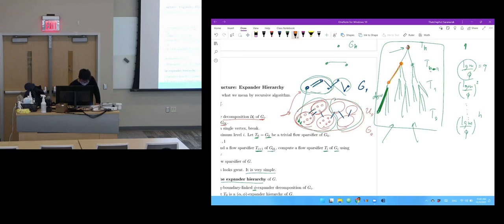This edge, where this corresponds to this, it's just the degree of this guy. But the degree of this guy is what? It's just the cut size of this thing. So basically the weight of each edge here would correspond to some cut size for some cut in the original graph.